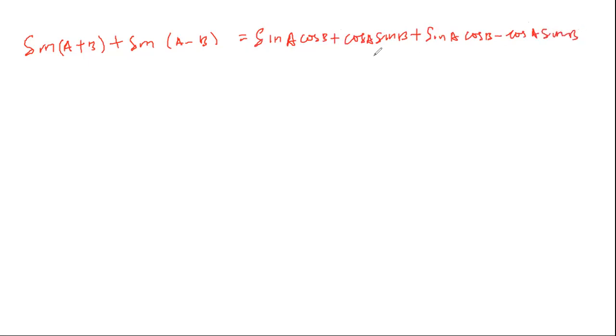sine of B. So which one moves away? Which one is going to move away to reverse a 0? So when we add these two, which term is moving away?